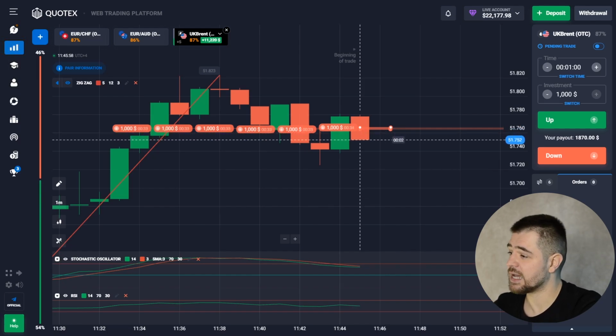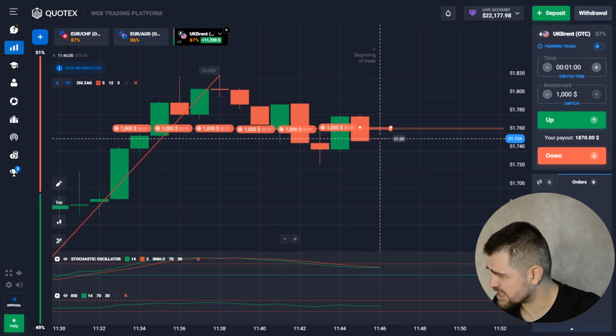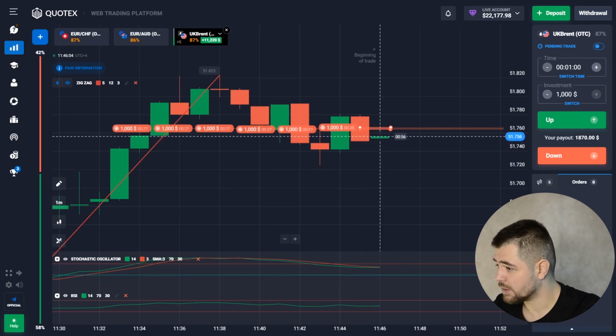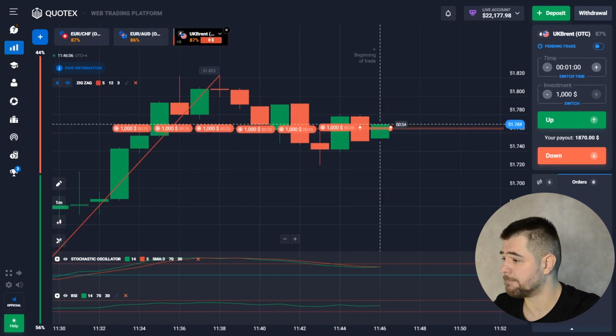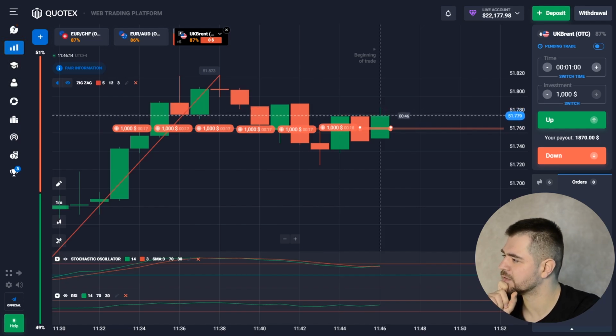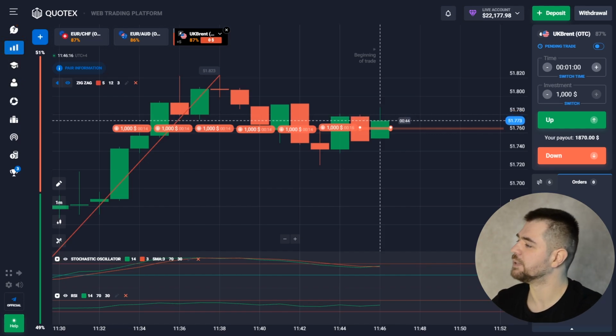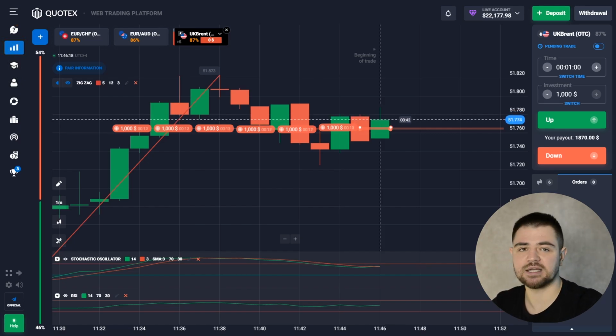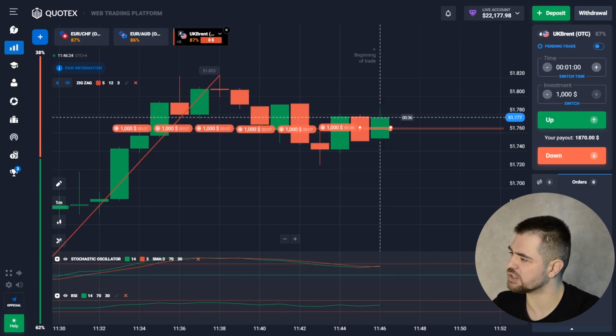And I just made a $6,000 put option, because actually maybe I was not so correct here, but I think that it looks like a bearish trend forming to me. So I made this decision.